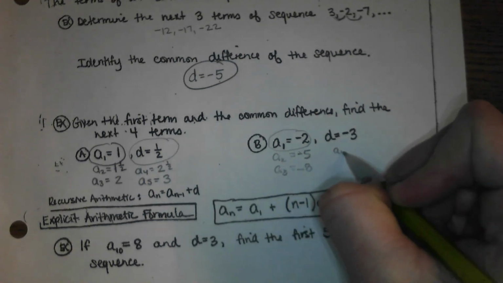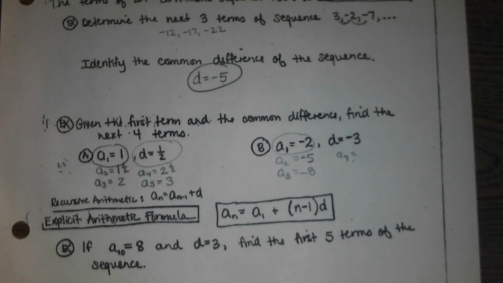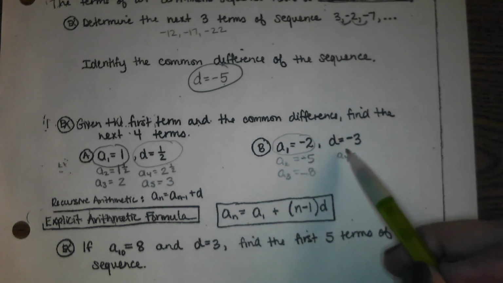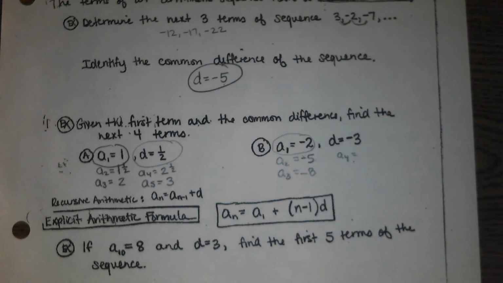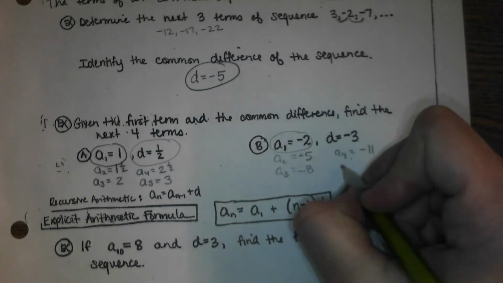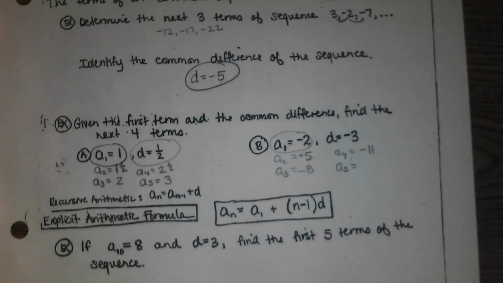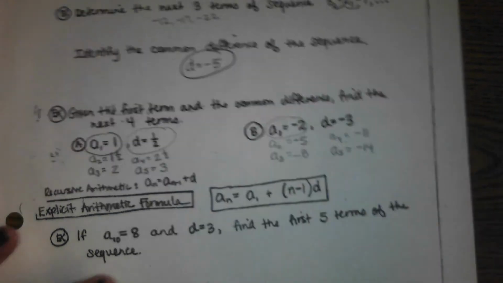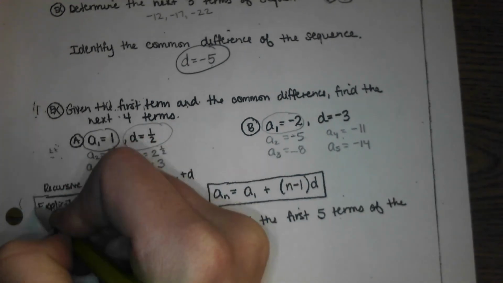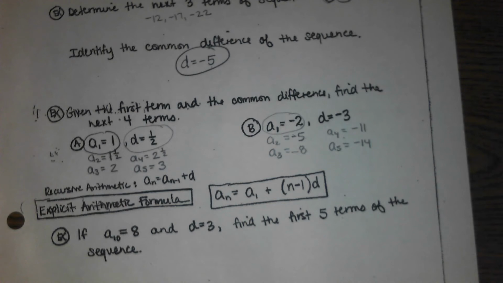The fourth term, Eric? No. My common difference is negative 3, means I'm subtracting 3, subtracting 3, subtracting 3. Very good. And the fifth term, Lucas B. Very good. Nice job. Okay? Pretty straightforward. This is a nice pattern. It's easy to pick up on.